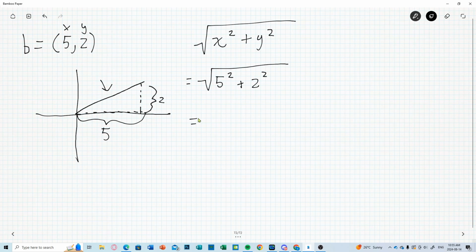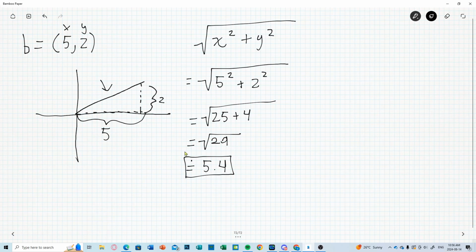Now all you do is make this square root of 25 plus 4, giving you the square root of 29. And this will approximately equal 5.4. So we know that the length of this vector B is going to be 5.4 units.